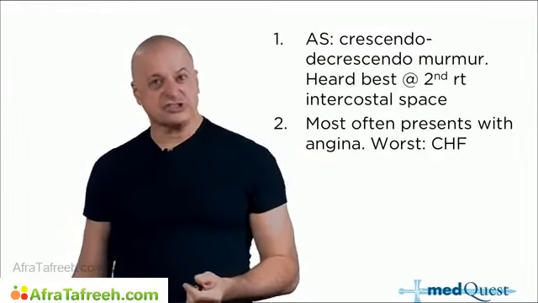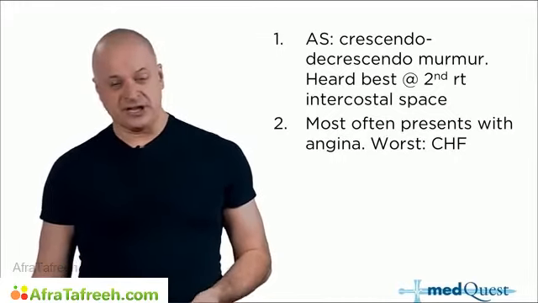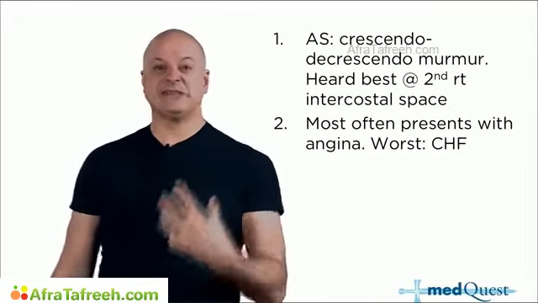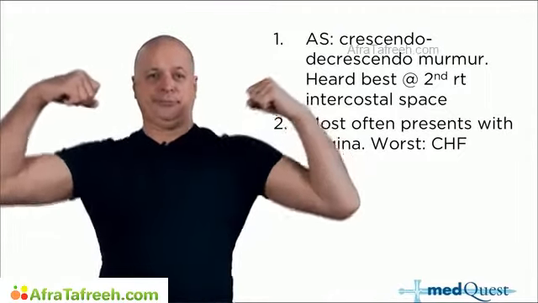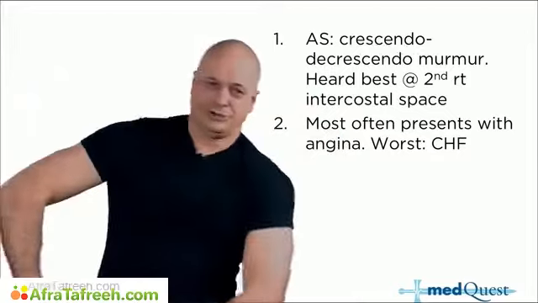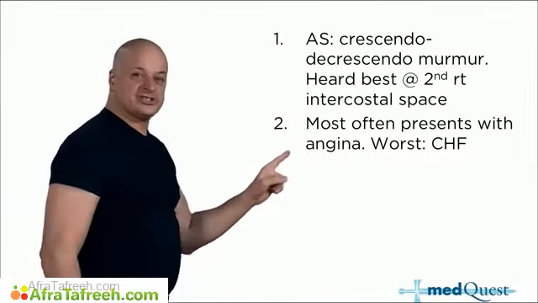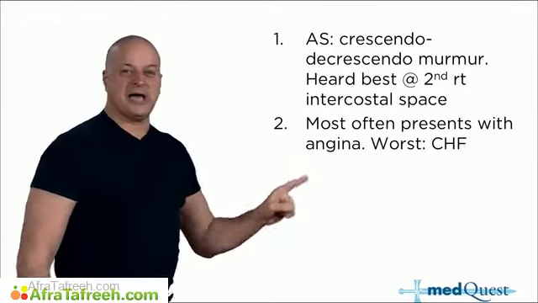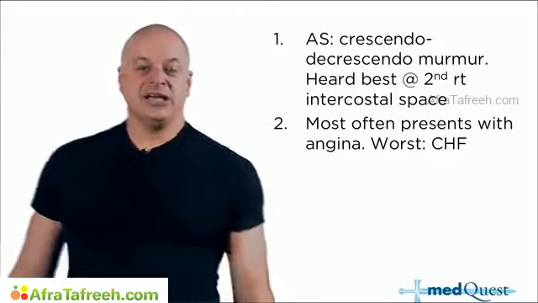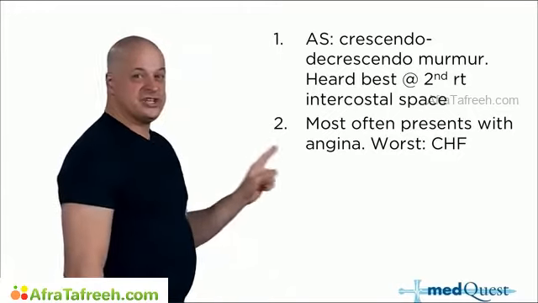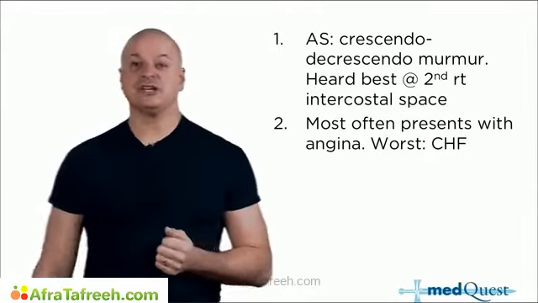Aortic stenosis is associated with hypertrophy. The left ventricle gets bigger and thicker, so you have an increased demand. So aortic stenosis has a decreased supply because the coronaries are narrow, with an increased demand.